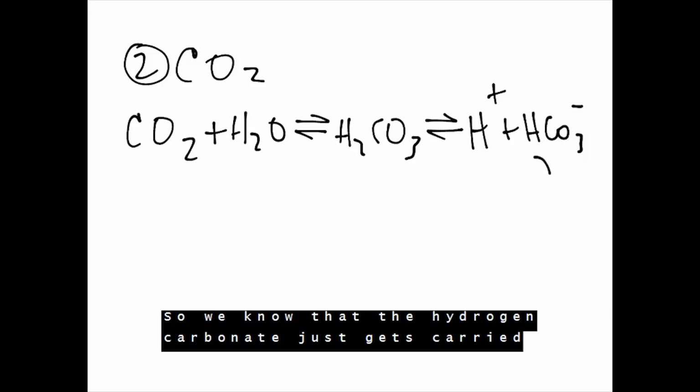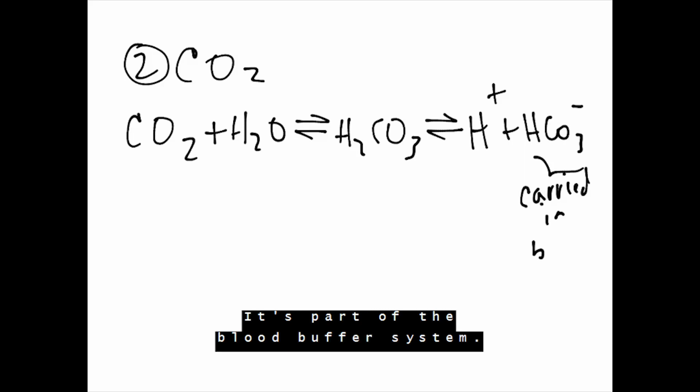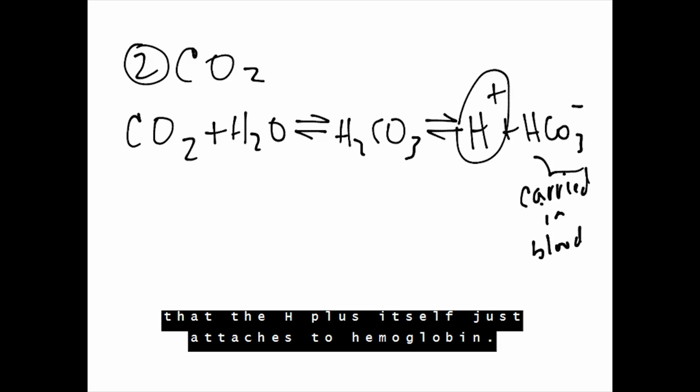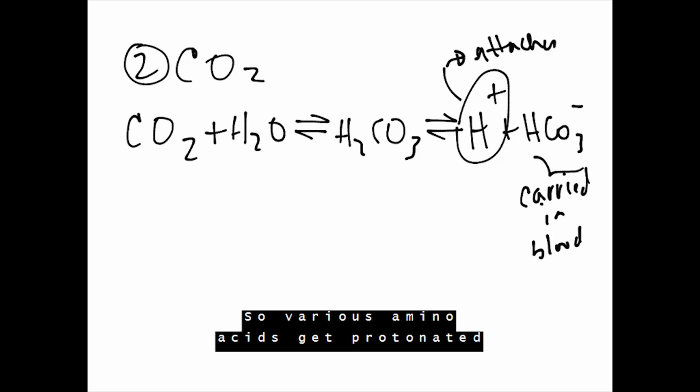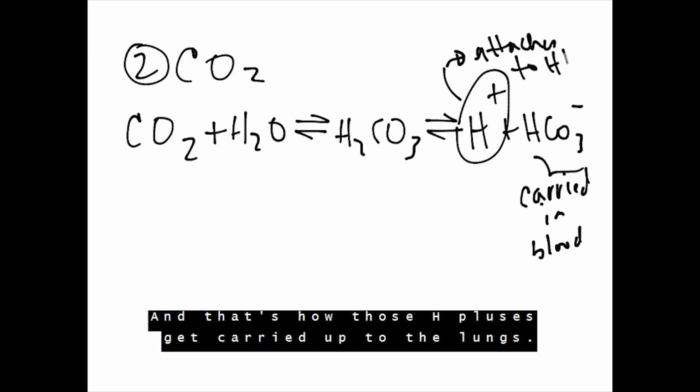So we know that the hydrogen carbonate just gets carried in the blood. It's part of the blood buffer system. And we just saw with the Bohr effect that the H plus itself just attaches to hemoglobin. So various amino acids get protonated on hemoglobin's surface. And that's how those H pluses get carried up to the lungs.